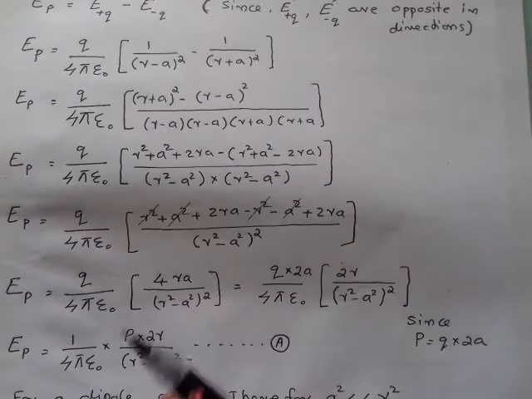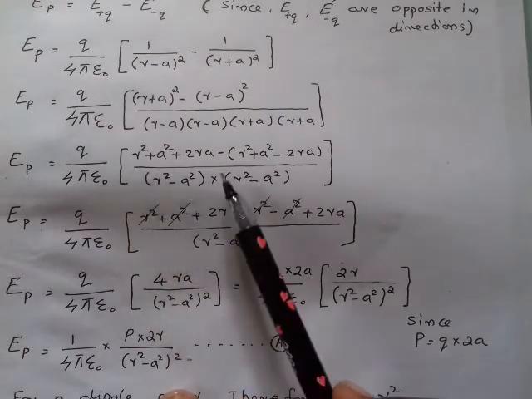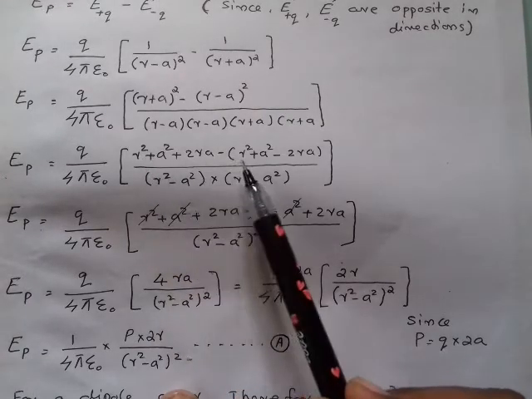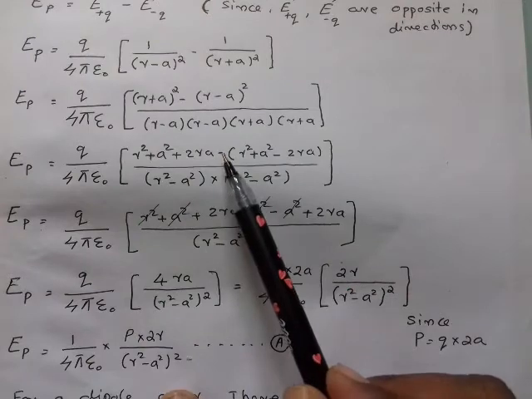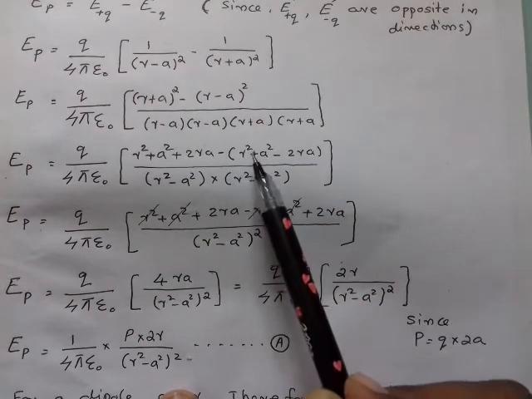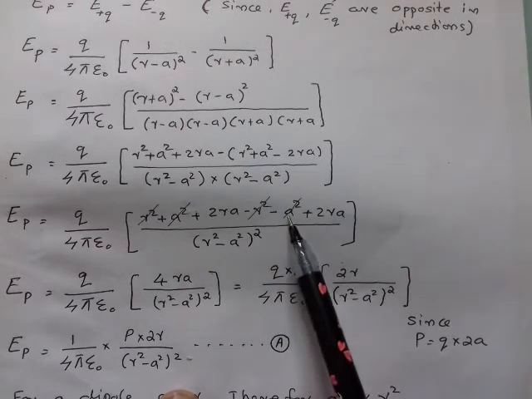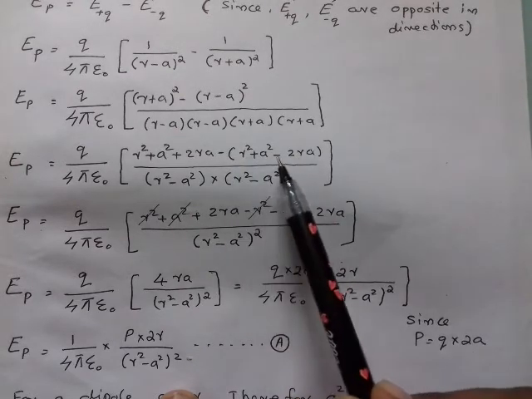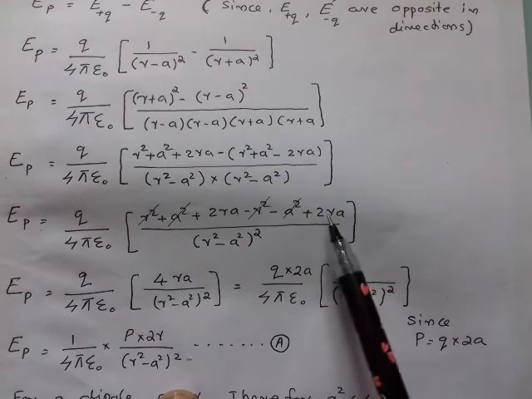Okay, we will continue. In the next step, in the numerator, we take the minus sign within the bracket. So the first term becomes minus r square, the second becomes minus a square, and this one becomes minus into minus plus 2ra.